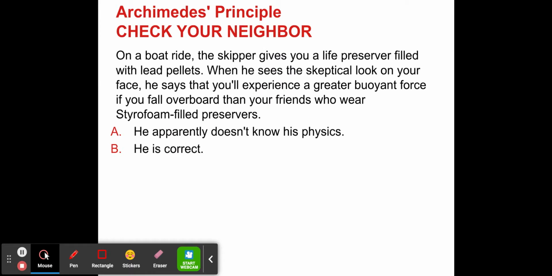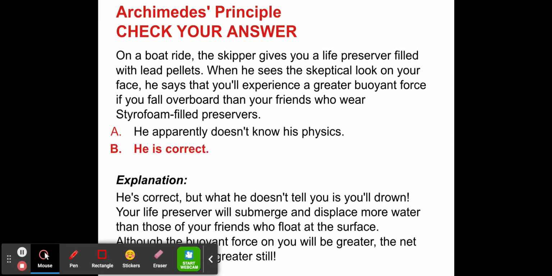On a boat ride, the skipper gives you a life preserver filled with lead pellets. When he sees the skeptical look on your face, he states that you will experience a greater buoyant force if you fall overboard than your friends who wear styrofoam filled preservers.